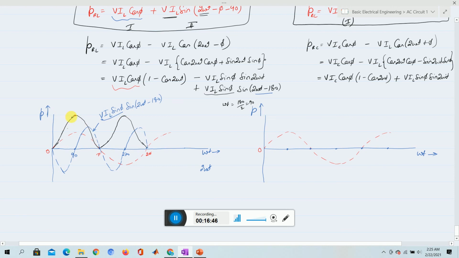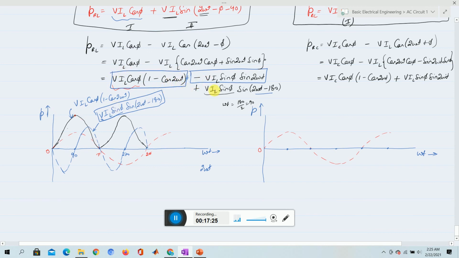And you have another quantity, that is VI cos phi (1 minus cos 2 omega t). You can also write it this way: this quantity is the same as the minus sine of this. So now you can have an imagination of these two terms. One is the term you can see, VI cos phi and 1 minus cos 2 omega t.